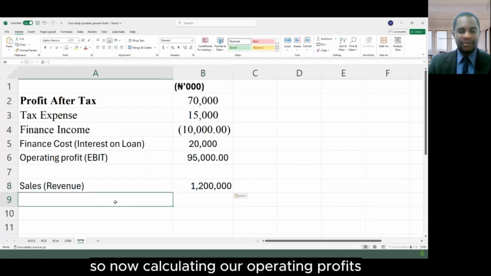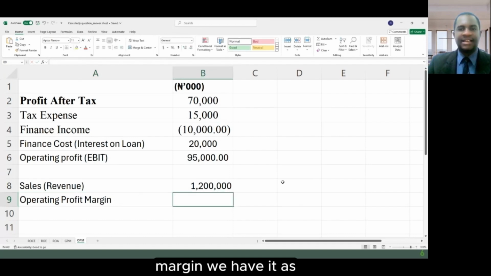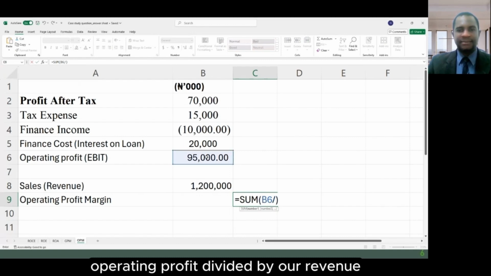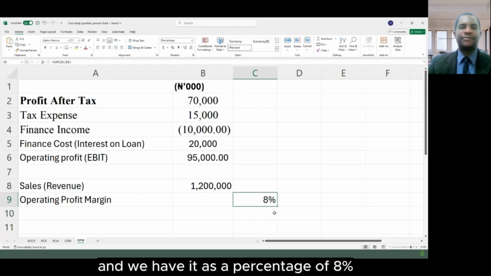Now, calculating our operating profit margin, we have operating profit divided by our revenue, expressed as a percentage, and we have 8%.